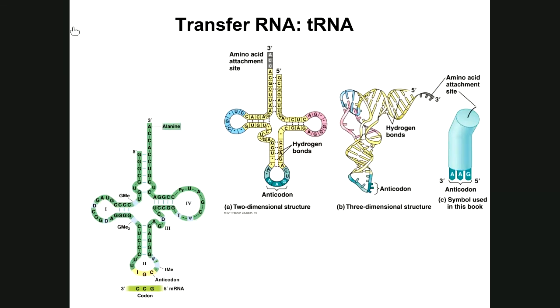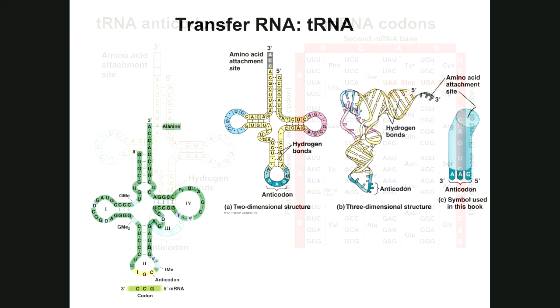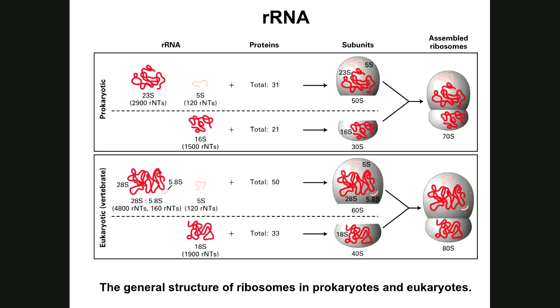These 2 other types are transfer RNA, which we call tRNA, and the third type, which we only briefly mentioned, and I forgot to put it on here, is ribosomal RNA. So the R stands for ribosomal, or simply rRNA. These are the 3 types of RNA that we need.